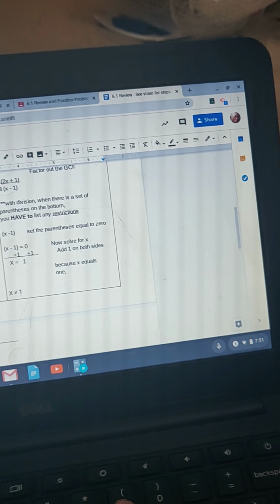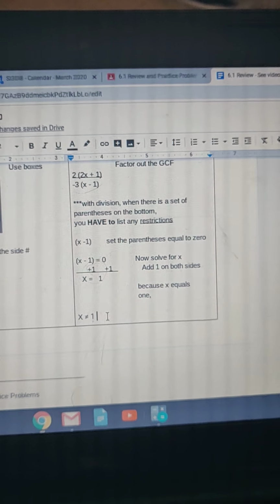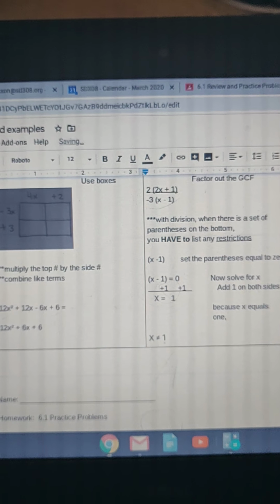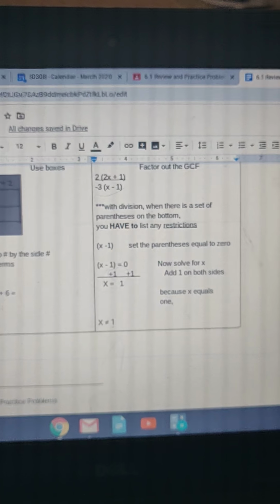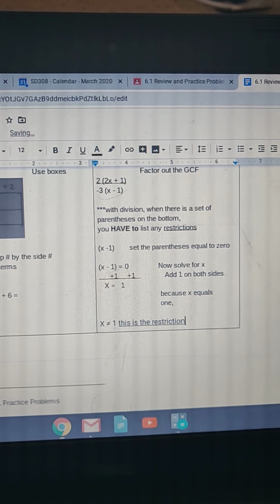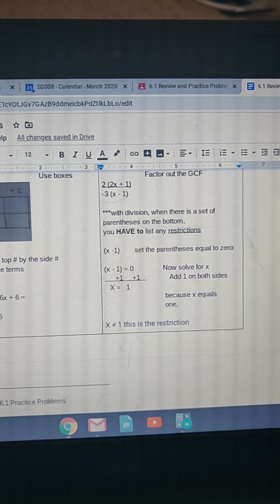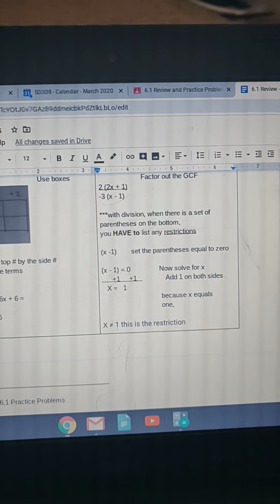That is our restriction. So I'm going to write this. Nope, I'm going to go down a little bit. Oh, it's fuzzy. Here we go. This is the restriction. x cannot equal 1. And there you have it, guys.